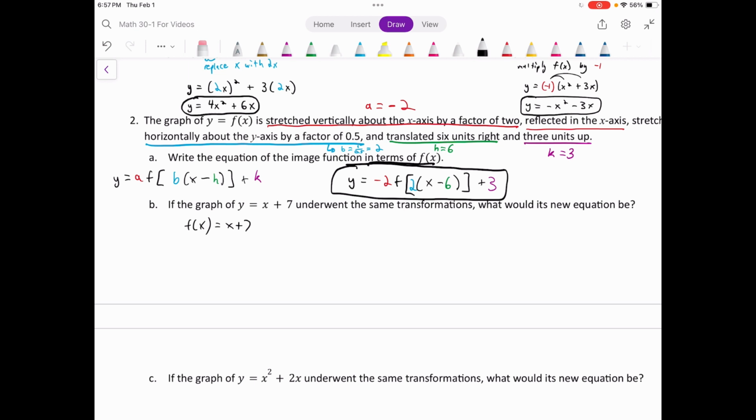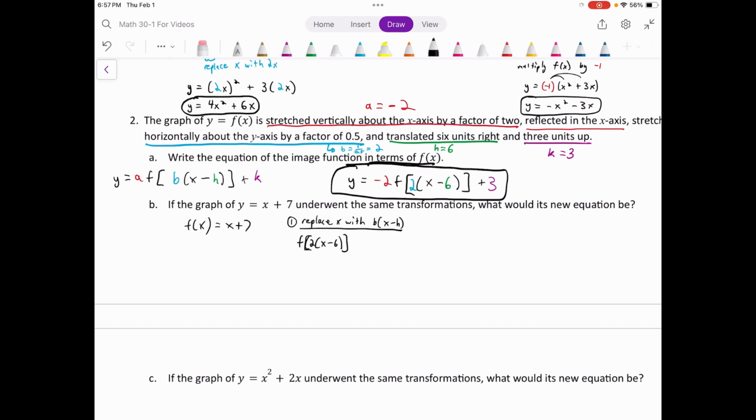It's possible to do it all at once, but I like to first replace x with b x minus h, and then whatever that gives me, I'll multiply it by -2 and add 3. Because we can see here, one of the things we have to do is find f of 2 times x minus 6. So if f of x is x plus 7, what is f of 2 times x minus 6?